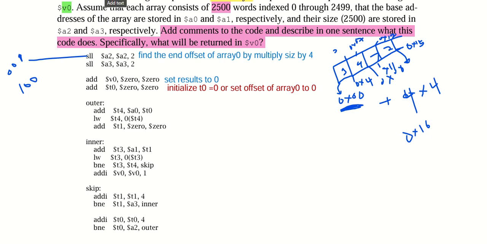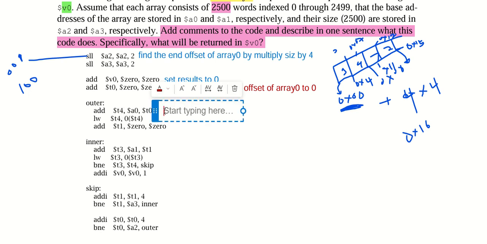Now continuing, realize that they said add into t4, a0, t0, right? Now this is one part. So you realize that they are adding t0 to a0, and you are putting it into t4, right?